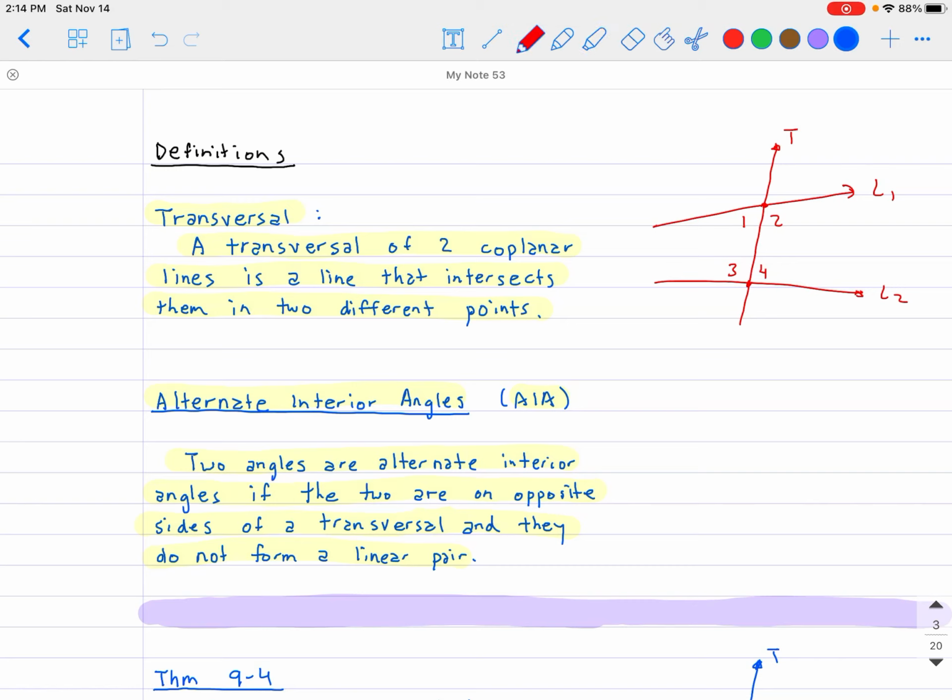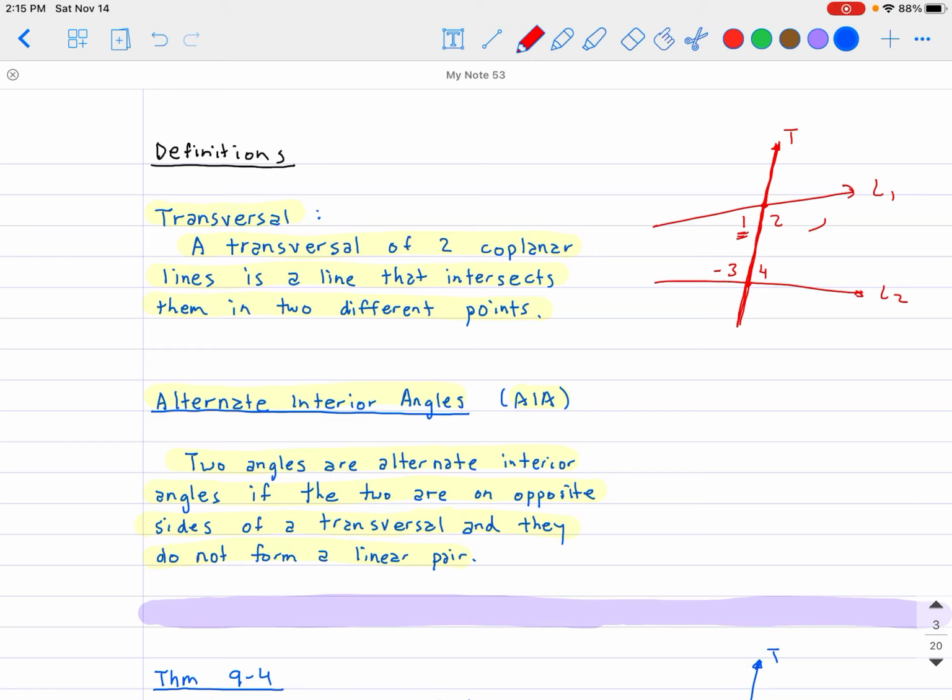So in our illustration on the right hand side, you can see that I have 4 angles. Now first, the alternate interior angles come in pairs, so there have to be 2 angles involved. First of all, we're going to divide them by the transversal, so we're looking at 1 and something on the opposite side, or 3 and something on the opposite side.